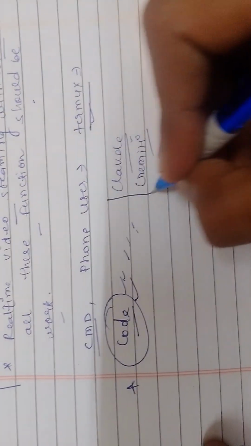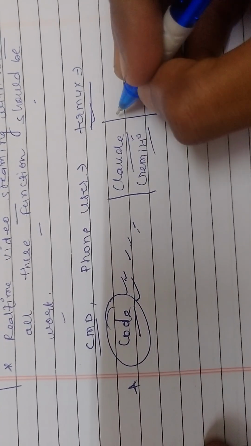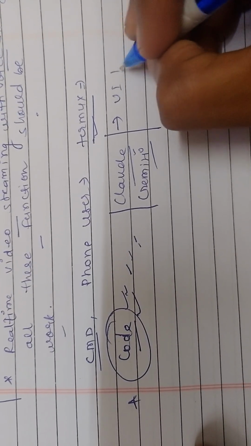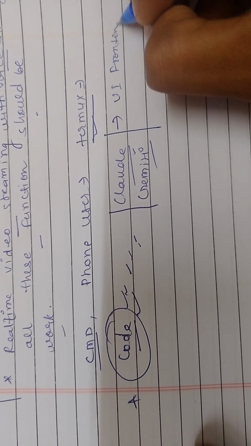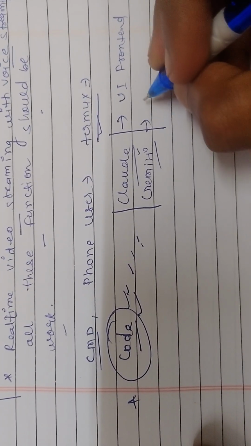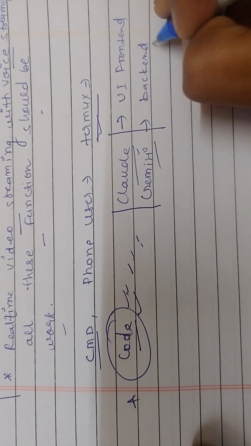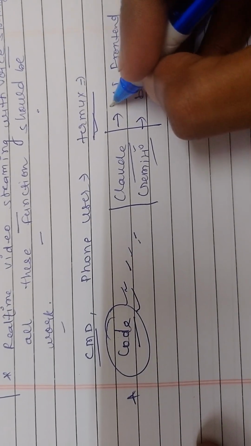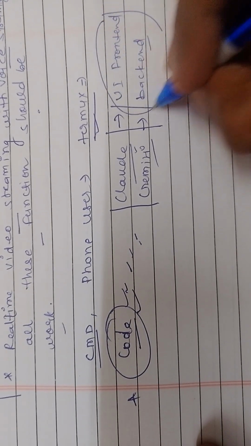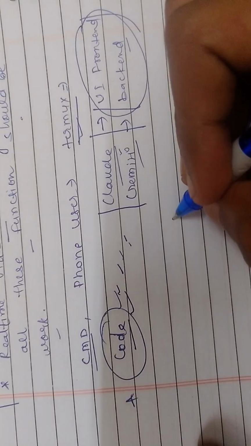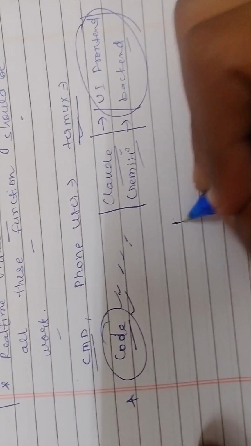With Claude you can build your UI, the front end, and with Gemini you can build the backend for your website. Now you have to merge all of this, the UI and the backend, in a single folder and test it on Termux.